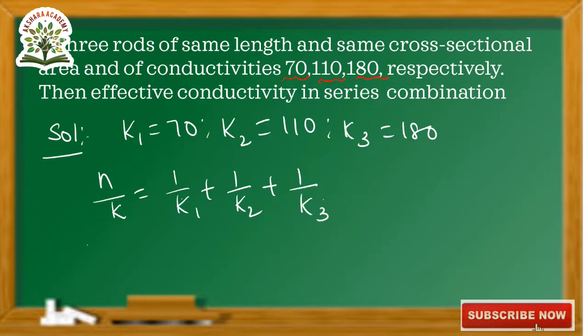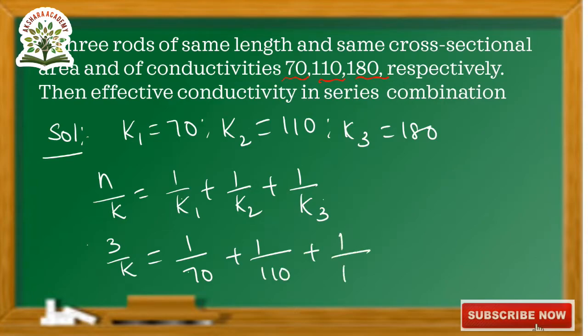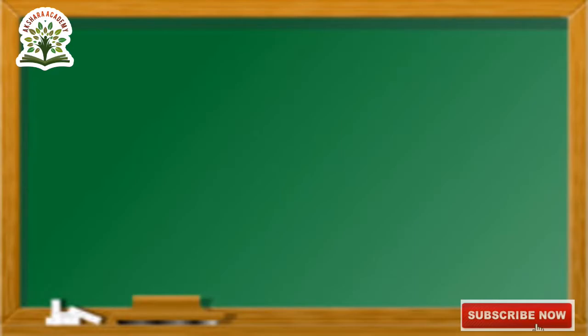N is equal to 3 rods. So 3 by K is equal to 1 by 70, plus 1 by 110, plus 1 by 180.